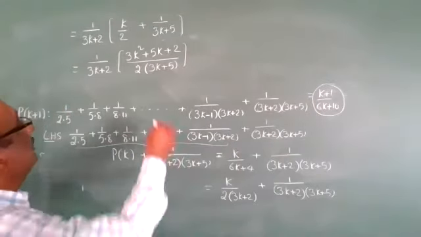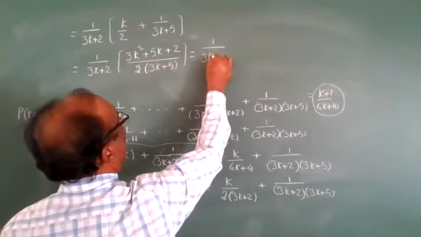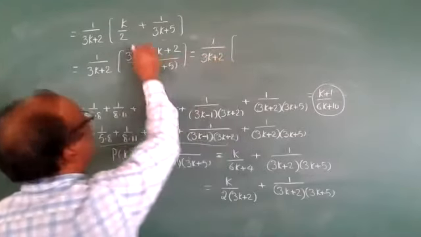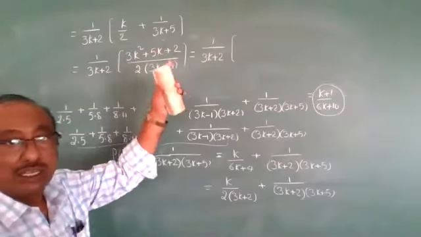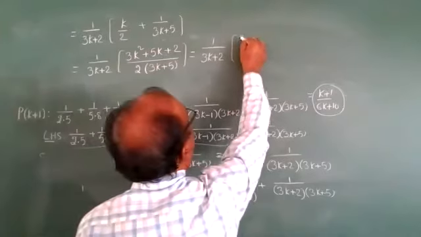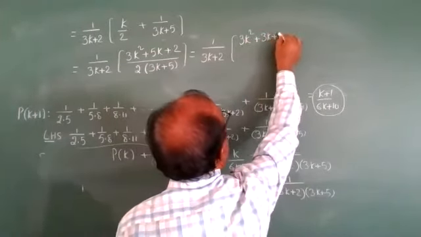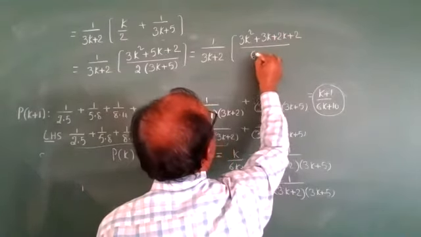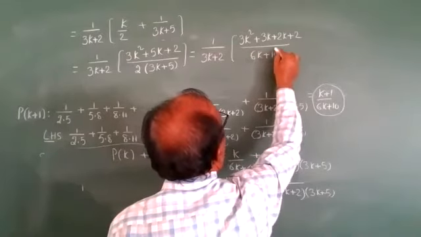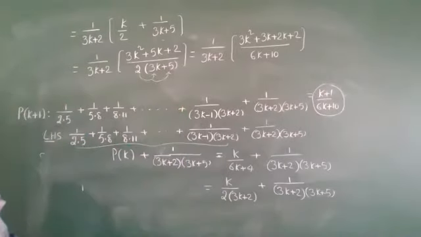Now simplify, everyone. 1 by (3k plus 2). Here is the factor: 3 into 2 is 6. 3k square plus 5k, split as 3k plus 2k, plus 2, upon 6k plus 10.